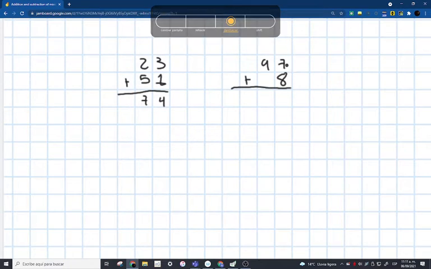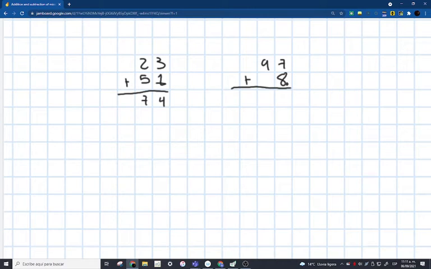So what do you do? You put only the 5. 7 plus 8 is 15, so you put the 5 and you put the 1 here. And now you can combine the 1 and the 9, which is 10. So like that. In order to add and subtract mixed numbers, we are going to make something similar to this.